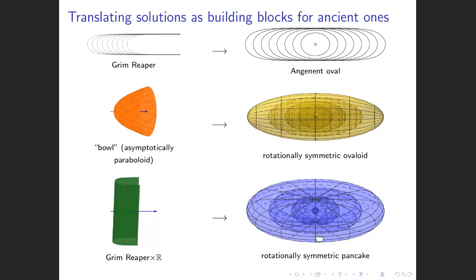For the rotational symmetric pancake, here at the tip, as we go to minus infinity, we see a Grim Reaper cross R, which is what we call a grim plane. So this guy here looks like a bunch of Grim Reapers coming together in a circle from infinity, in a circle that becomes larger and larger as you go to minus infinity.